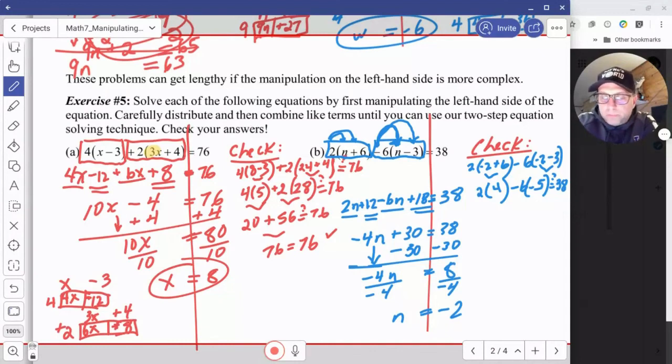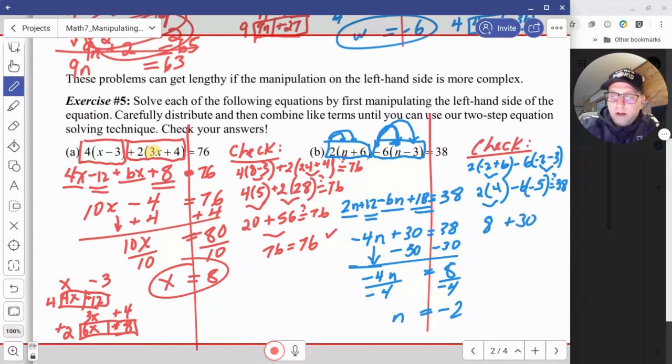Okay, here we go. 2 times 4 is 8. Now be careful. This second product is negative 6 times negative 5. It's a negative times a negative. And again, that sign will be, please get it right, positive. This is multiplying now. So that turns out to be positive 30.